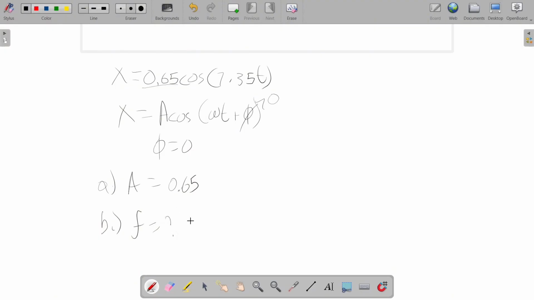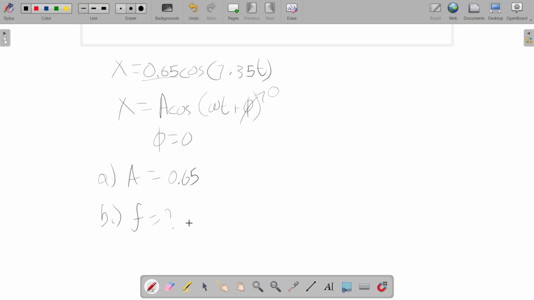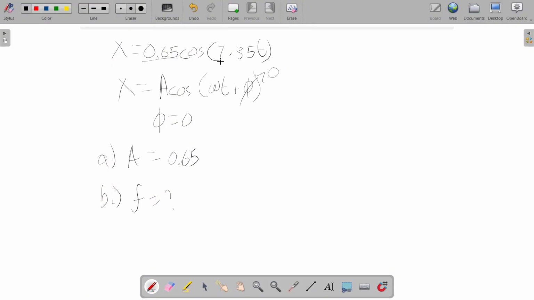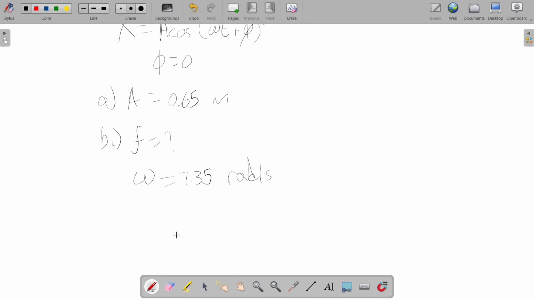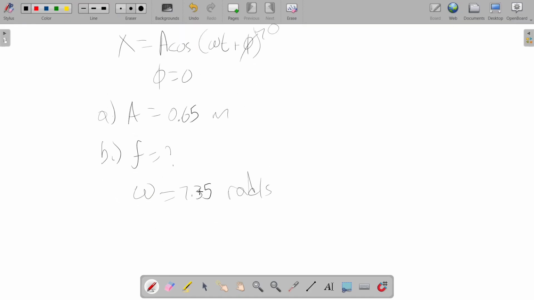So how do we get frequency in this case? Or maybe you already figured it out, because we have omega. Omega is 7.35 radians per second. Amplitude is in meters, I assume. So what do we know about omega, or angular frequency, and frequency?